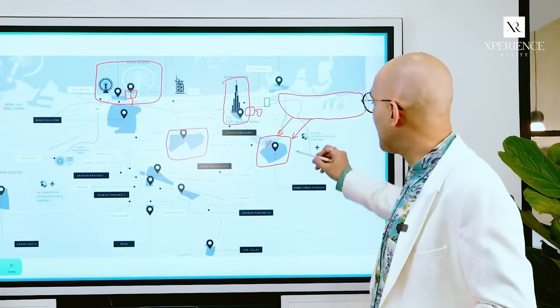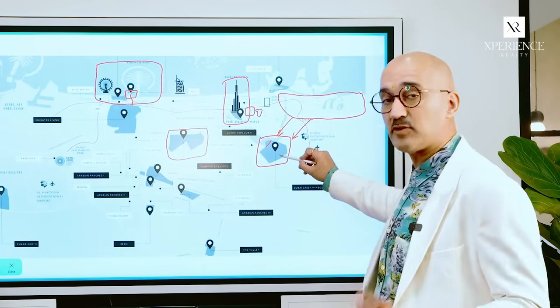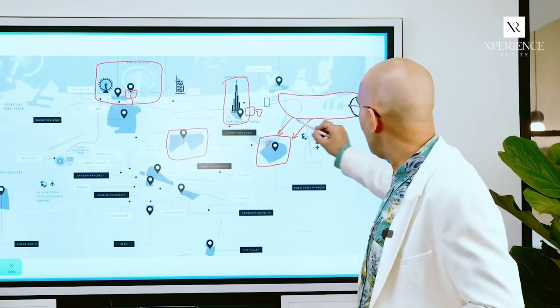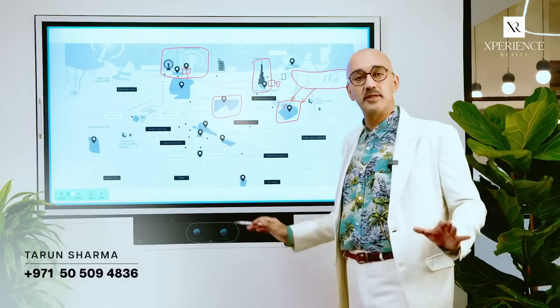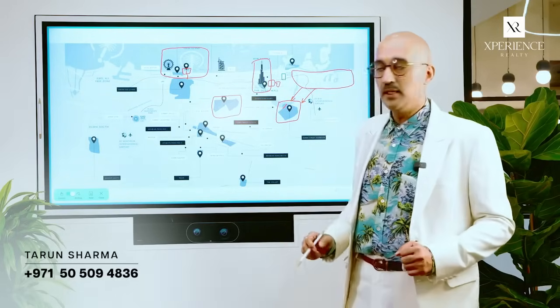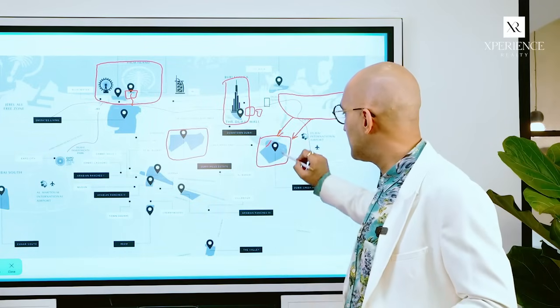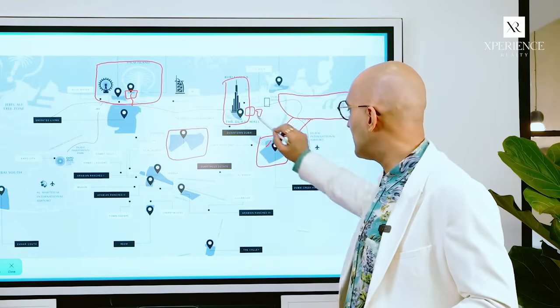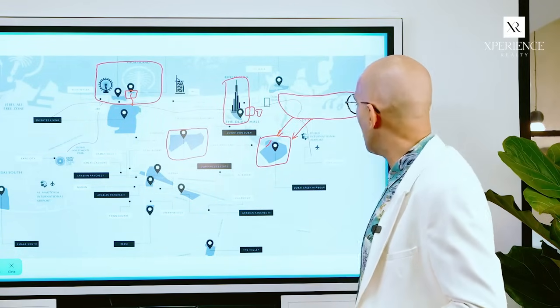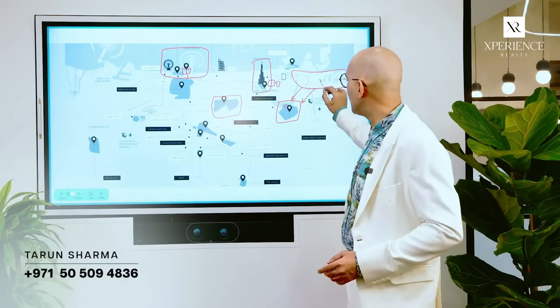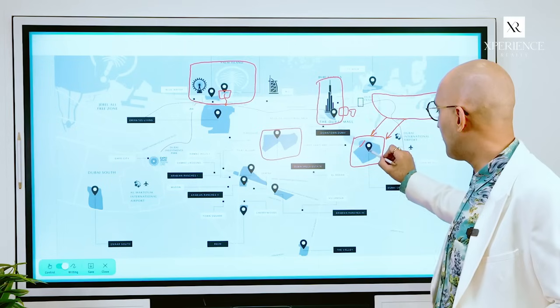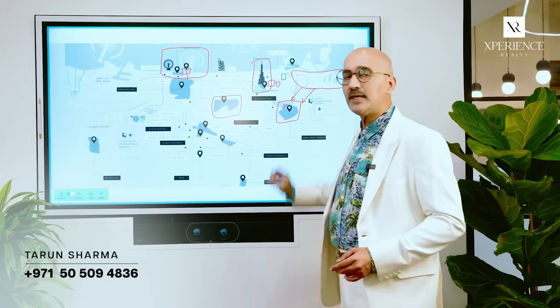Another important aspect, as I was highlighting earlier in the case of Creek Harbour, is that this entire area is leasehold. You cannot buy here. There are only two freehold communities, downtown and Creek Harbour. Anyone and everyone who has made money here or has money would prefer to live either here or in downtown.